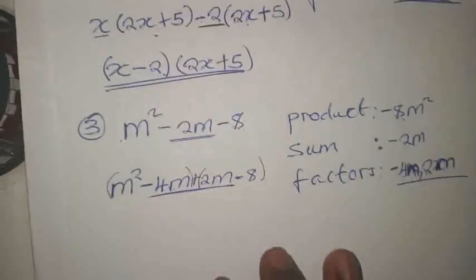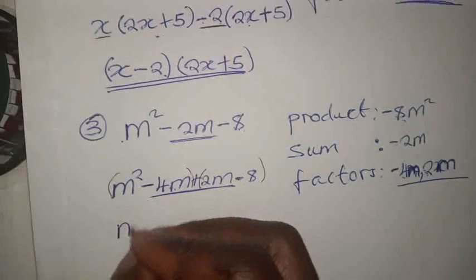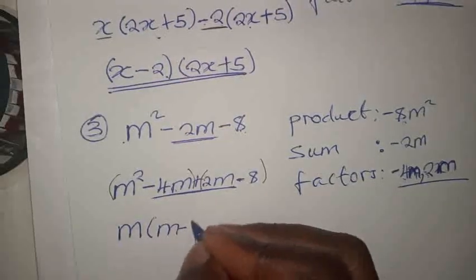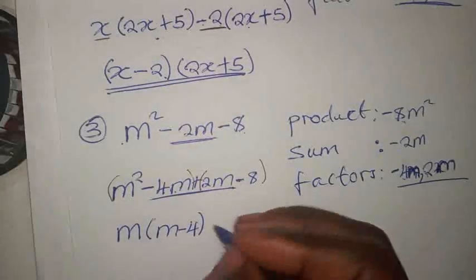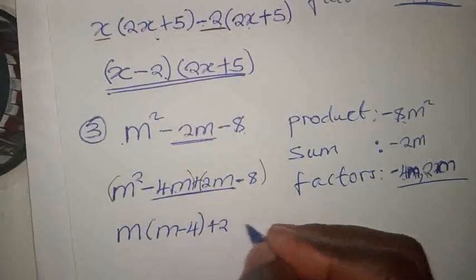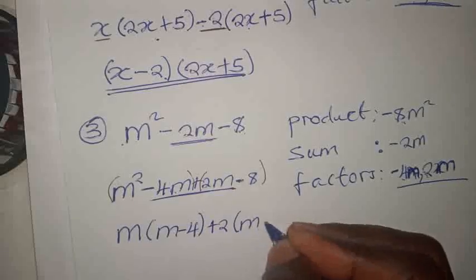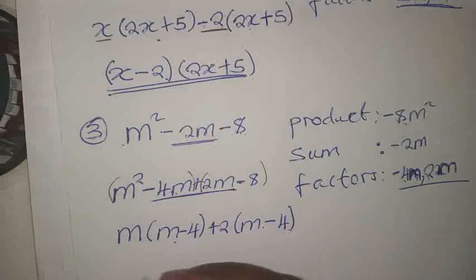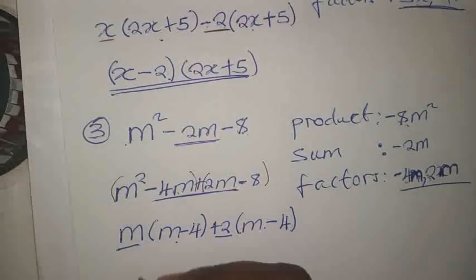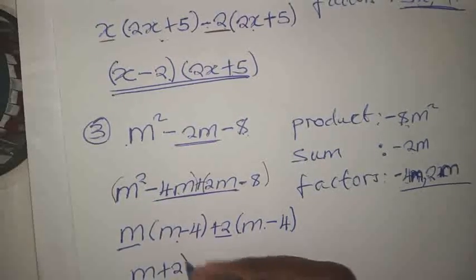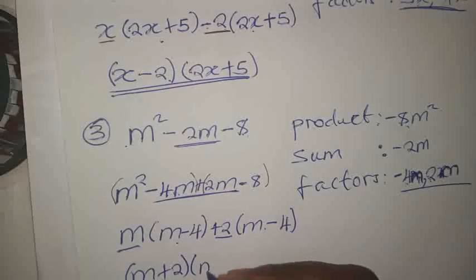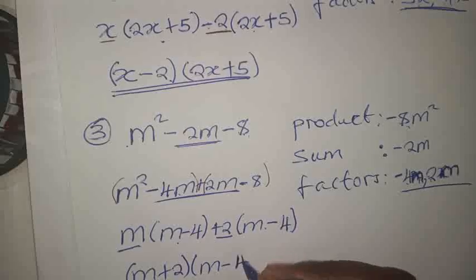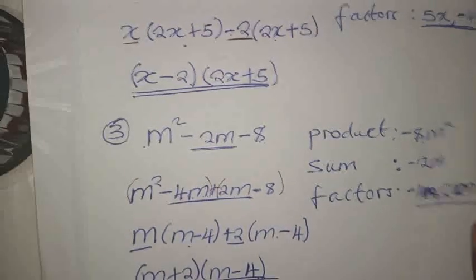So we are going to have m, which is common between the two, open brackets, m minus 4. What is common here, we know to say it's positive 2, open, m minus 4, 2 into 8, it's a 4. So these two are the same, so this will go with that. So meaning m plus 2 and m minus 4. You end it there.